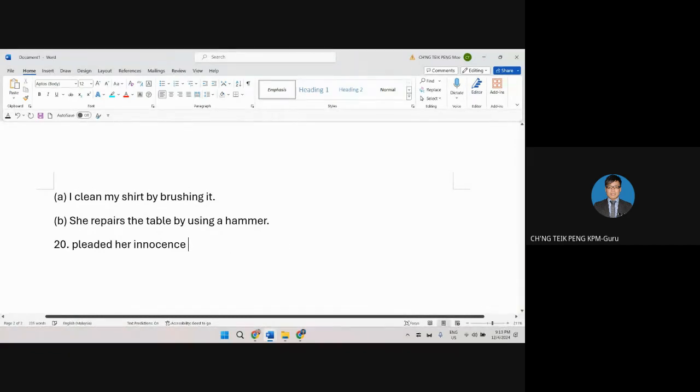Innocent is an adjective. It means not guilty. If you are innocent, you are not guilty, you did not commit a crime. So pleaded her innocence means said that she was not guilty.